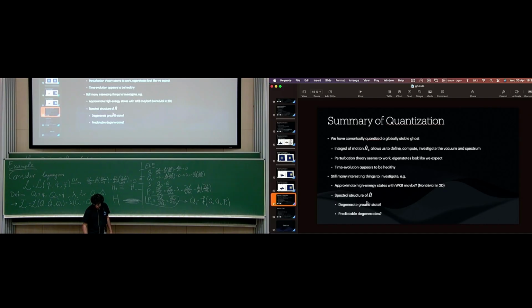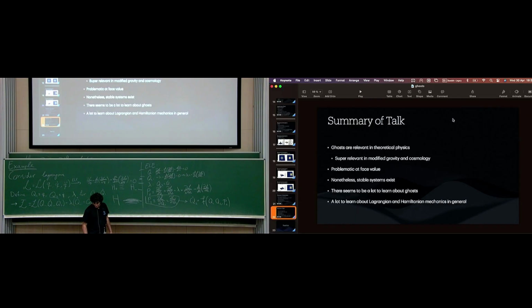Yes, okay, I think I've covered everything here. So then, basically, I would like to summarize what I've talked about today. As I mentioned at the beginning, ghosts are very relevant in theoretical physics today. They do appear, whether we like it or not, in modified gravity theories, and we work with modified gravity theories because we have to.